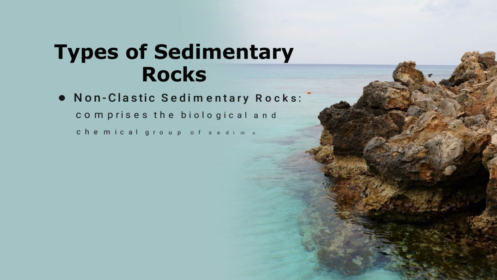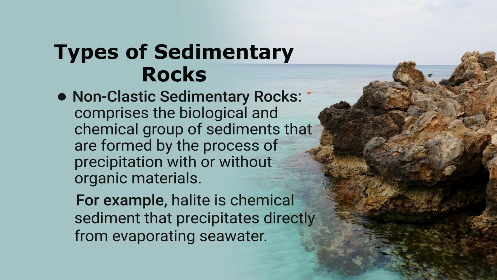Now, non-clastic means they can be chemical, they can be biochemical, they can involve biological material. For example, halite is a chemical sediment that precipitates directly from evaporating seawater. If you have limestone, then you have life formation which can be involved.